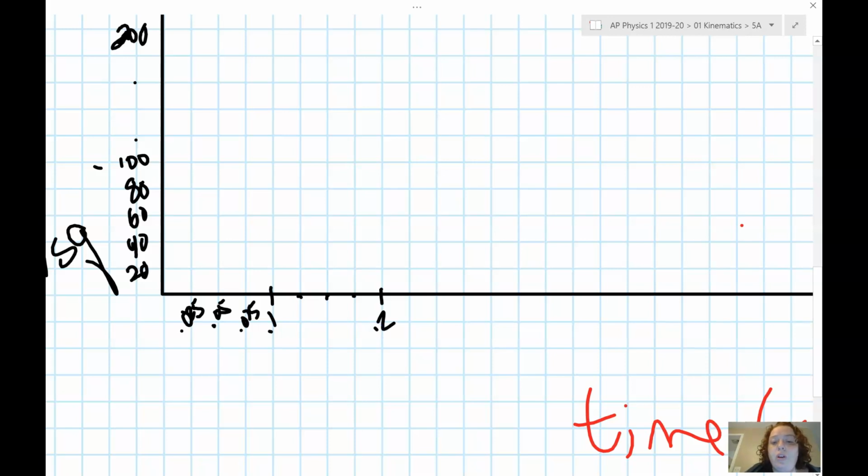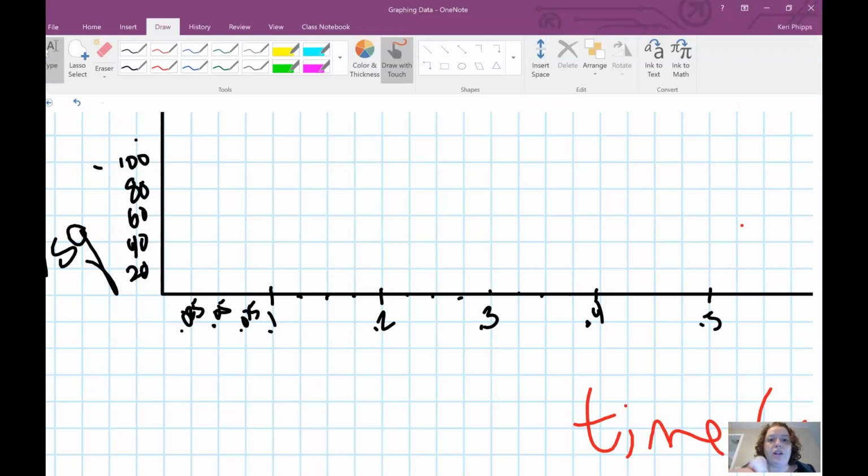1, 2, 3, 4, 0.3, 1, 2, 3, 4. I'm hoping that as I'm doing this, you are doing your own graph as well, so that we'll have all of this together.